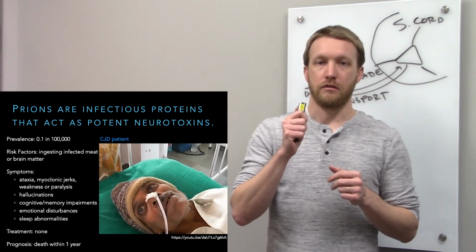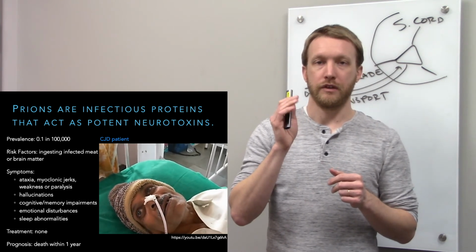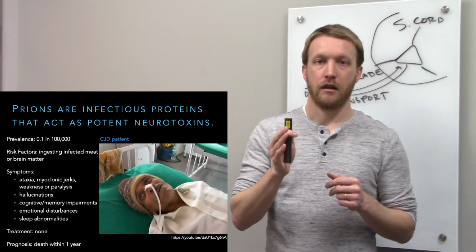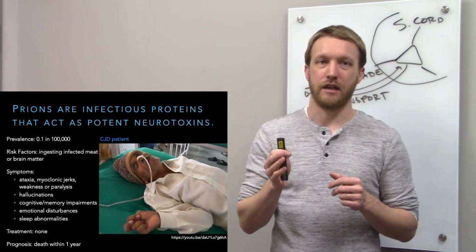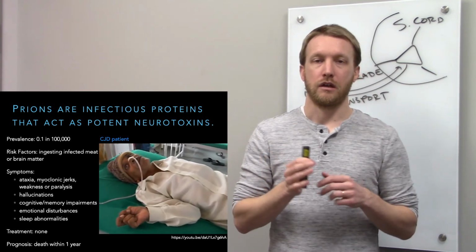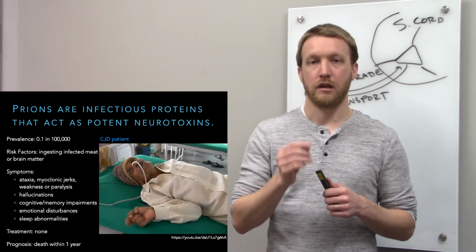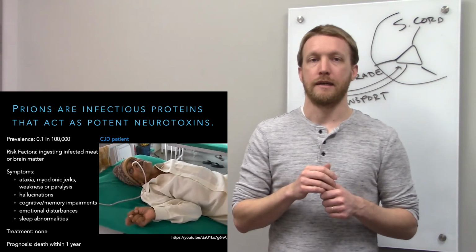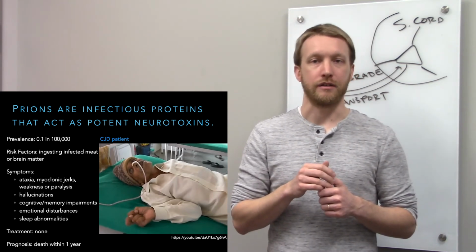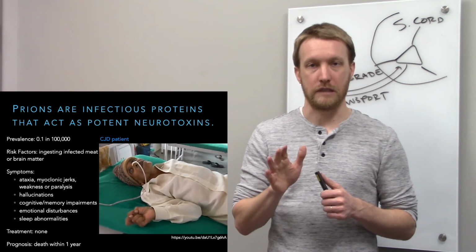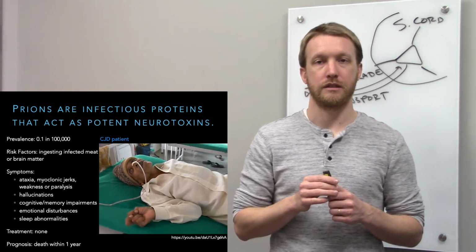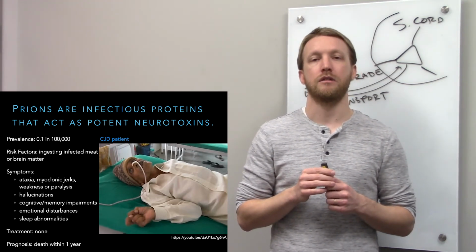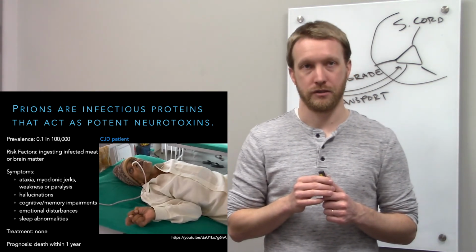So the patients are going to eventually be paralyzed and only have these kind of involuntary jerks. They have hallucinations, cognitive and memory impairments, and within about a year or so are dead. So prion diseases have invariably poor prognoses.